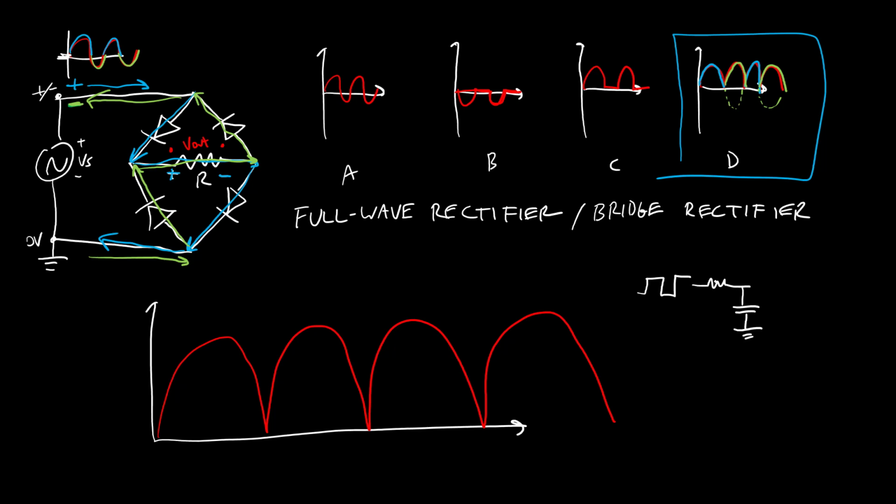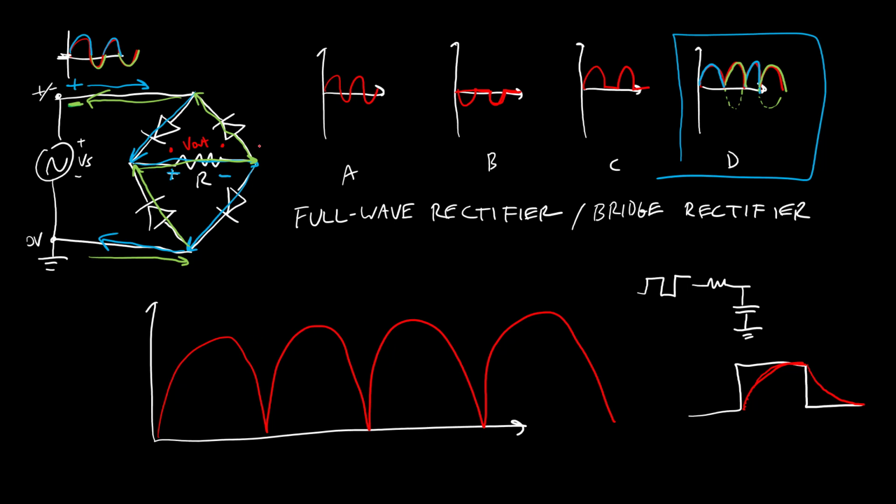We saw the step response where the capacitor takes time to charge up, and then when the voltage goes back down, it takes time to discharge, and so on. So we ideally want to make this as flat as possible.